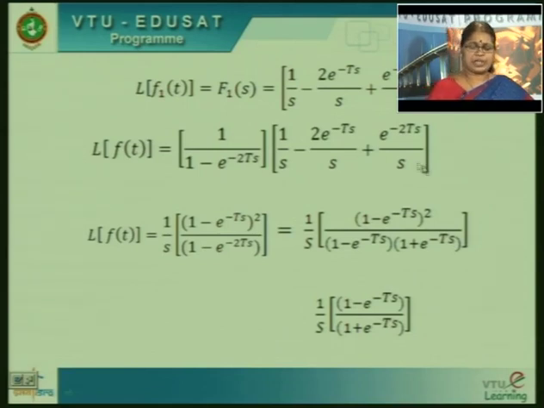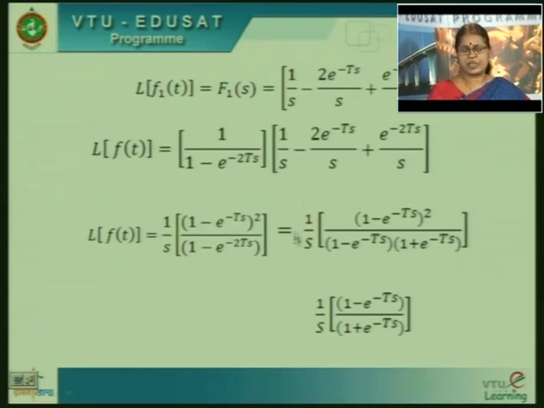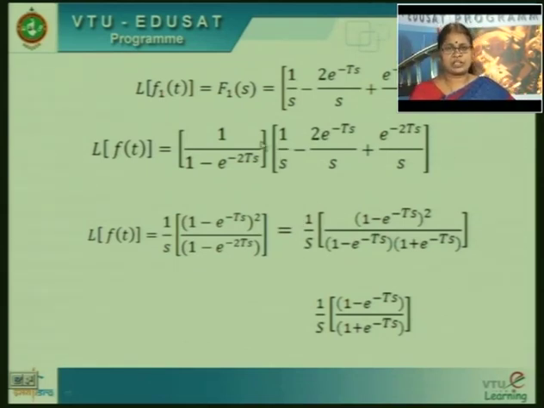And if you look at the numerator, or if you look at this term, s is common in all these terms. In the denominator, the term s appears, so we can take 1 by s outside. And after taking this 1 by s out, if you just look at the numerator terms, I can realize these terms, one as 1 square and this term as e power minus Ts whole square, and this term as 2 into 1 into e power minus Ts.